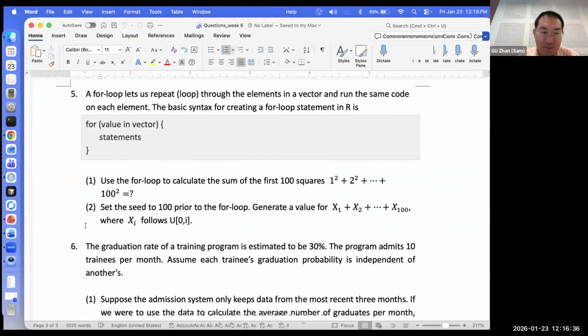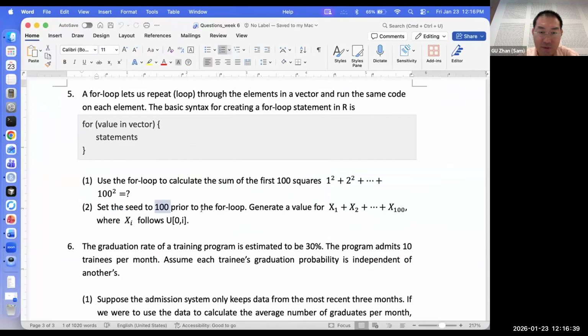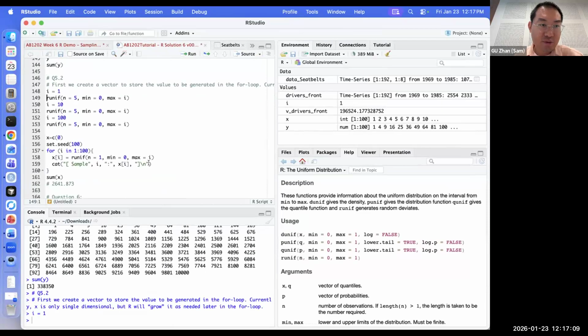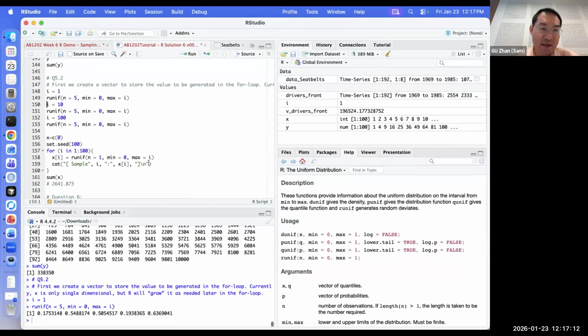Then 5.2, what is 5.2? Set the seed to 100 prior to the loop, and generate the values x1, x2, x3, x4, x5, where xi follows uniform 0 to i. So when i equals 1, it is uniform 0 to 1. When i equals 2, we generate x2, and it is uniform 0 to 2. Until i equals 100, where x is uniform 0 to 100. Let's first try i equal to 1, running uniform with n equals 5, minimum 0, maximum i.